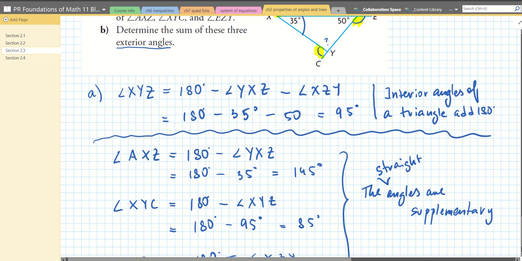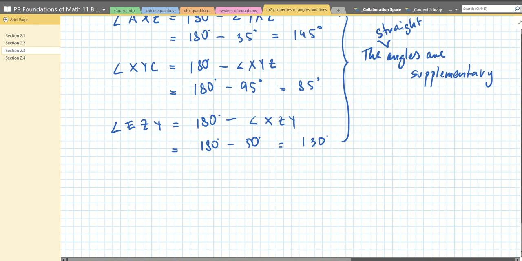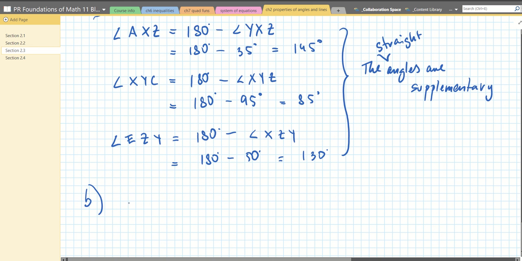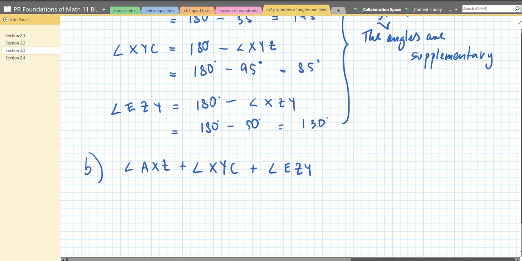Part B says to determine the sum of these three exterior angles. That's one of the properties of exterior angles in a triangle. So let's take a look at what that's going to add to. We take the angle AXZ plus the angle XYC plus EZY and add it all together, replacing with the numbers that we found.